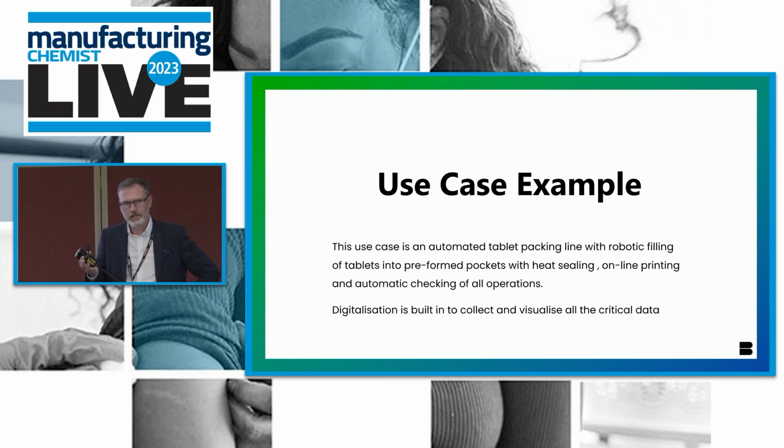Digitalisation is built into all aspects of that. As much as possible, we pull that data off the machine, put it into our manufacturing execution system and our quality dashboard, and make it visual for the operating staff as they're operating, but you also have that record that you can interrogate after the fact.